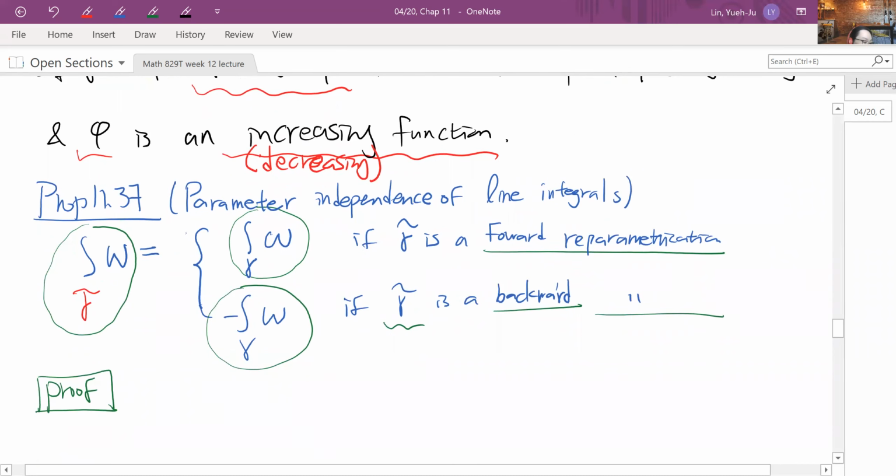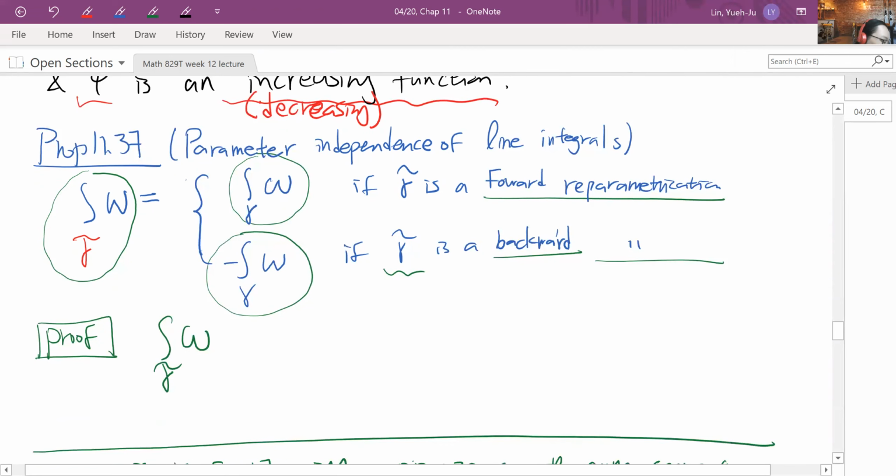Okay, and seriously, you can just do the one line proof. So I'm going to do the one with forward reparametrization, right? I want to integrate W over gamma tilde. By definition, you're doing gamma tilde pullback W, right?